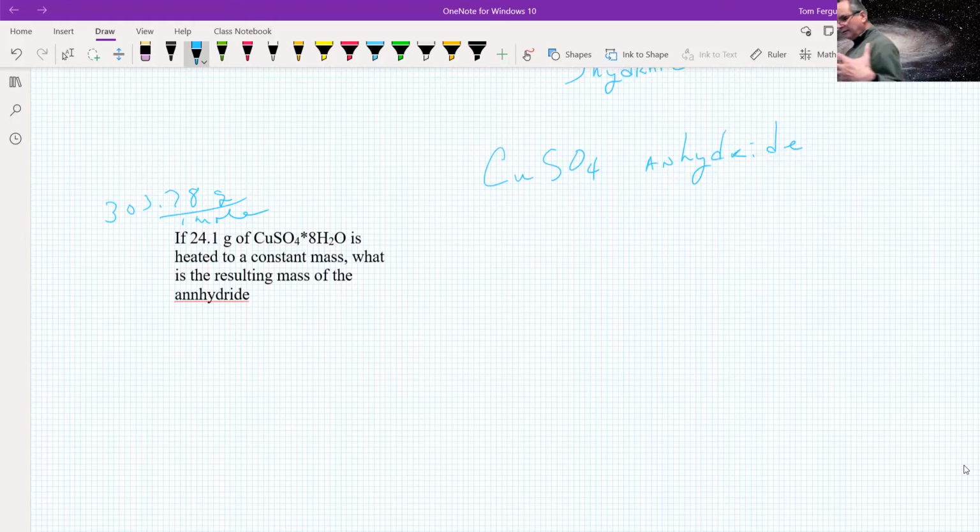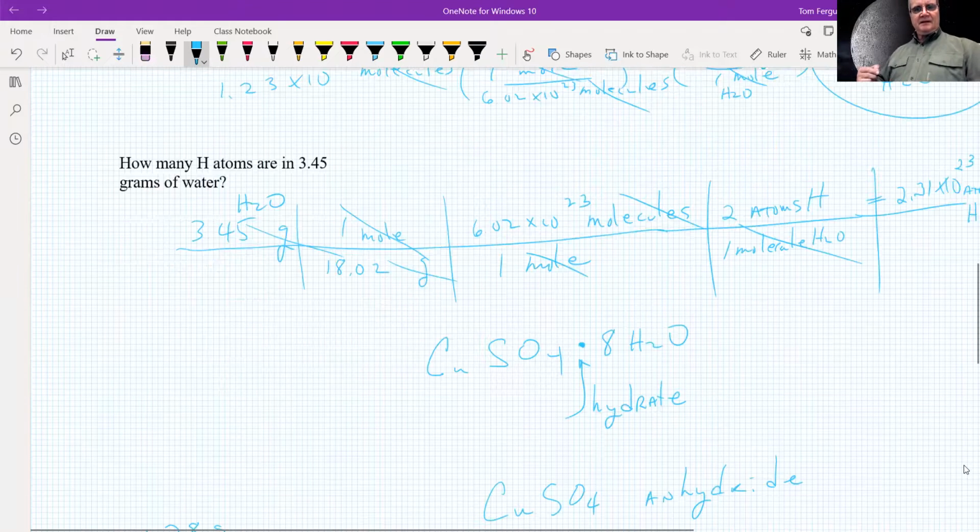Okay, so the idea here is we need to find the mass of CuSO4, that's when it's dried up, the mass of the copper sulfate. So we need the molar mass of just plain copper sulfate.